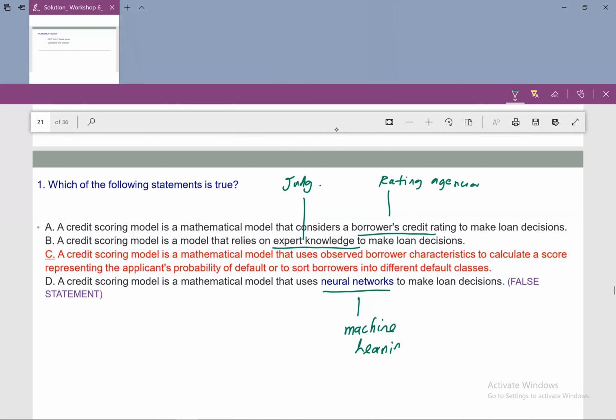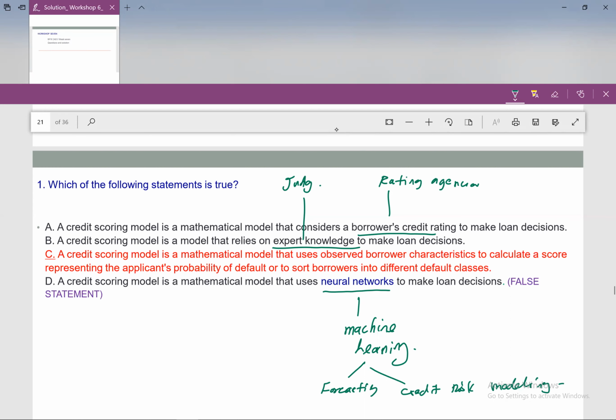And by the way, with machine learning you can do neural models. You can do credit scoring modeling, you can do forecasting, you can do so many things. You can even do credit risk modeling. But when we talk about credit scoring, it's a different issue.